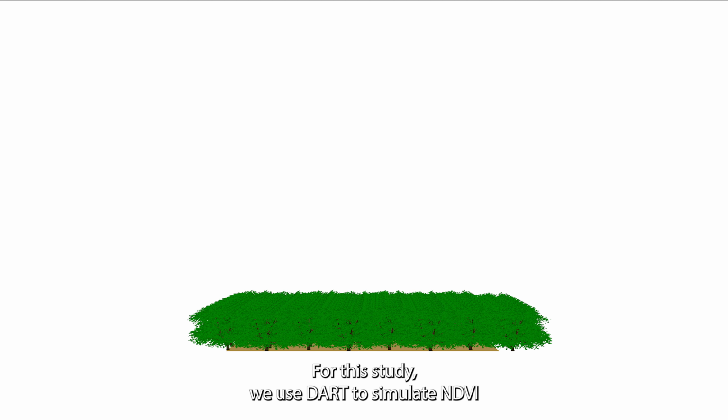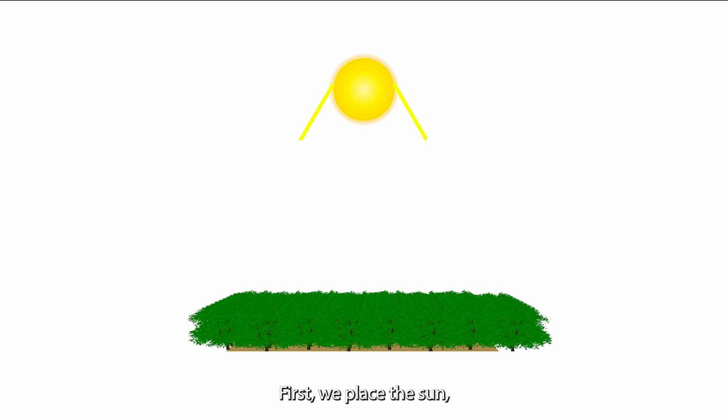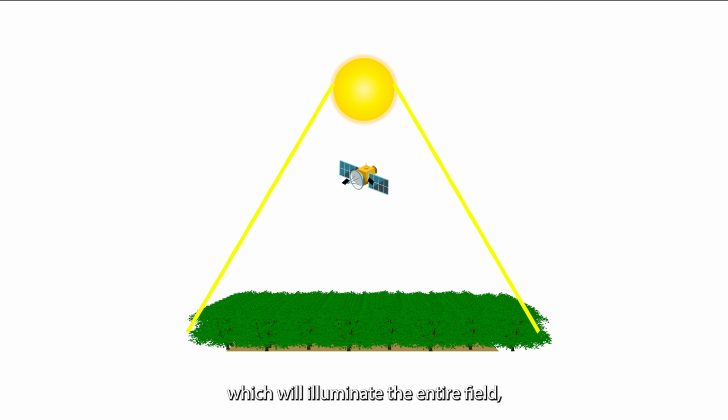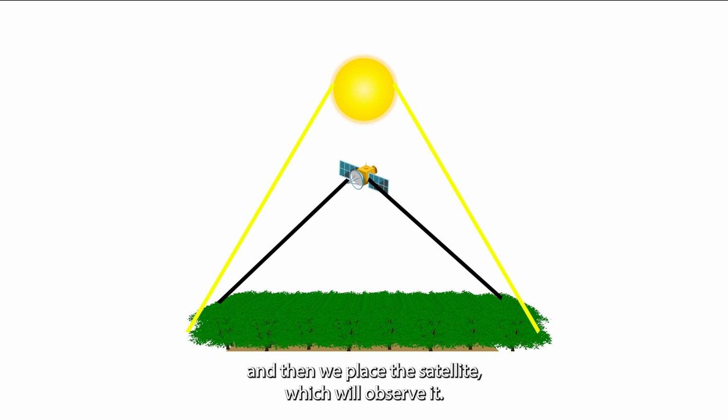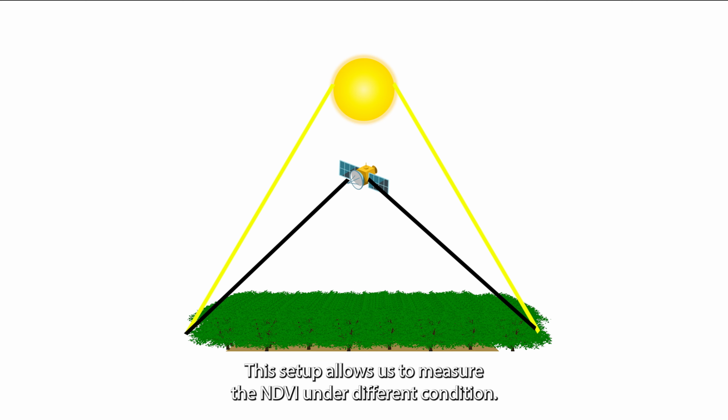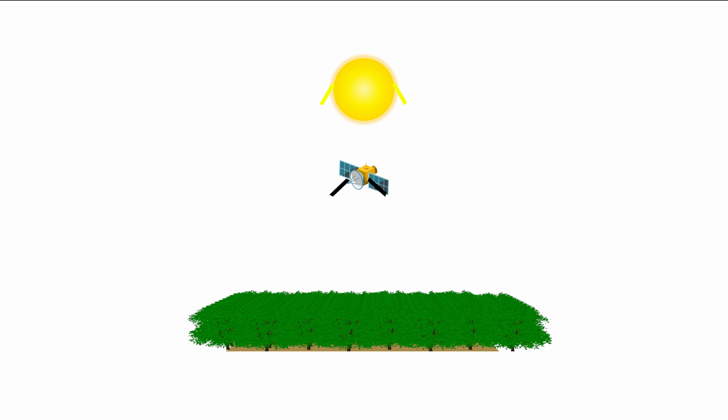For this study, we use DART to simulate NDVI under different illumination and observation conditions. First, we place the sun, which will illuminate the entire field, and then we place the satellite, which will observe it. This setup allows us to measure the NDVI under different conditions.